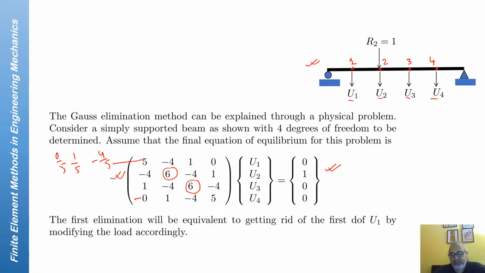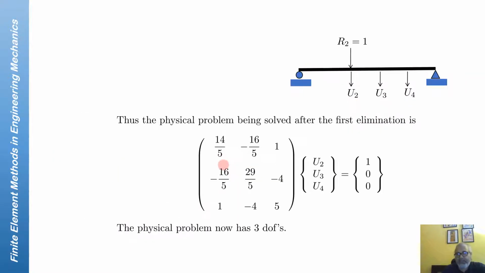In general, the right hand side will get modified. So at the end of the first elimination, what you have is a matrix which is 3 cross 3 rather than 4 cross 4, because the first row and the first column, the first degree of freedom u1, has been eliminated, and this is the equivalent problem that you have.